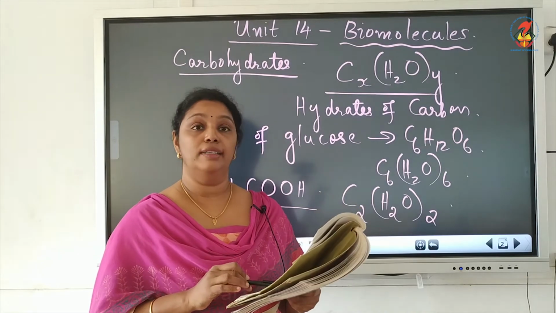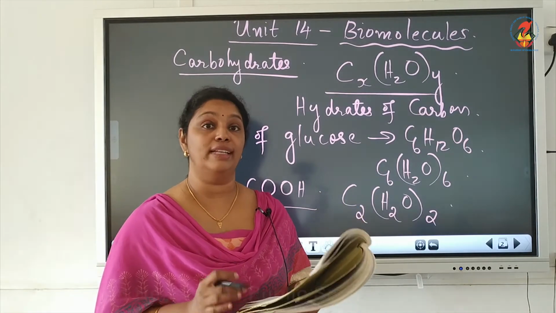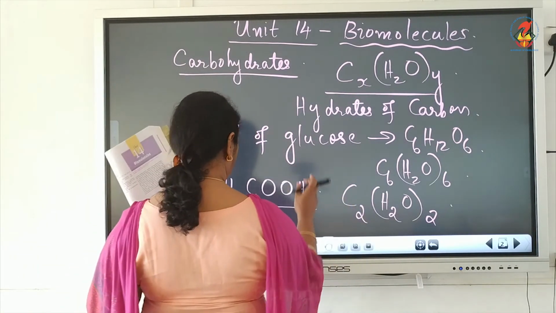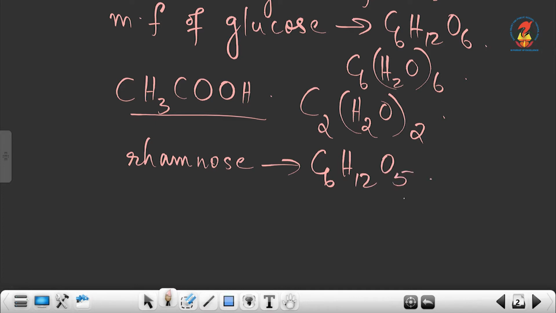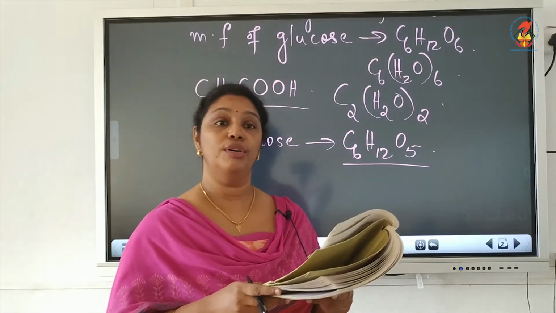Now, there is another carbohydrate, that is rhamnose. And the molecular formula of rhamnose is C6H12O5. And we know this molecular formula does not fit in the general formula of carbohydrate, that is Cx(H2O)y.